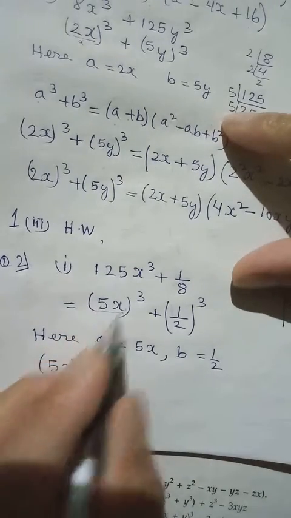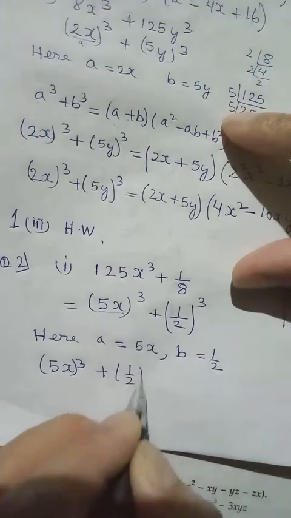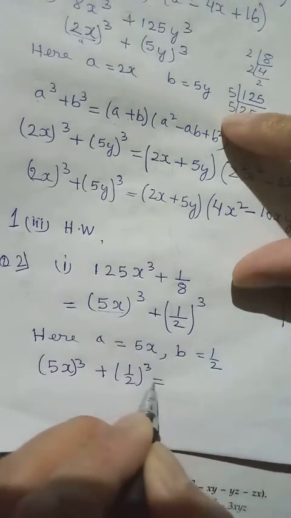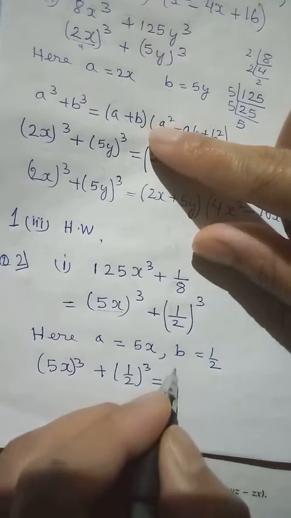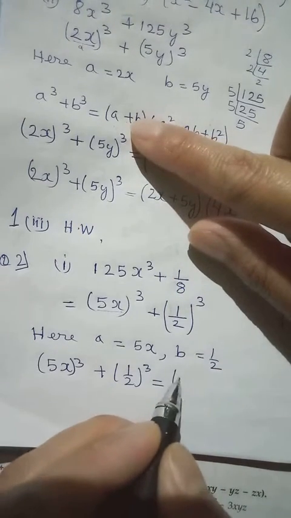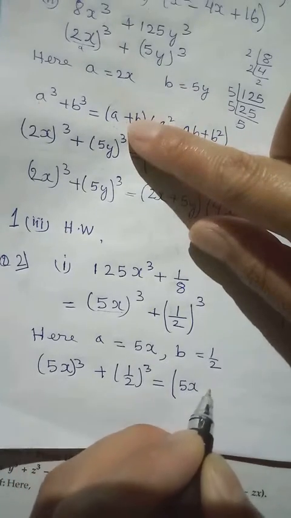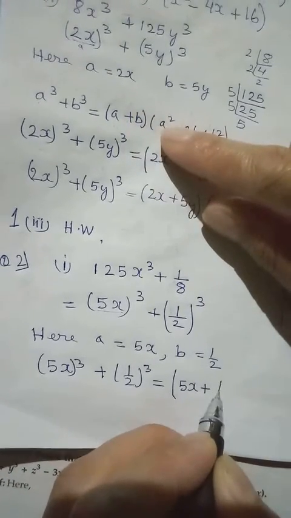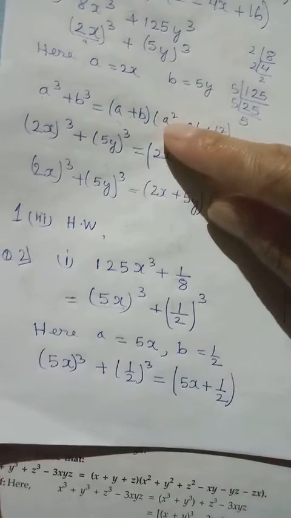Because we have two numbers, better put them inside bracket so that there will be no confusion. So now how to write A plus B whole inside bracket. Open bracket, in place of A we put 5x, plus will come from the formula, in place of B we put 1 by 2. Then we close the bracket.